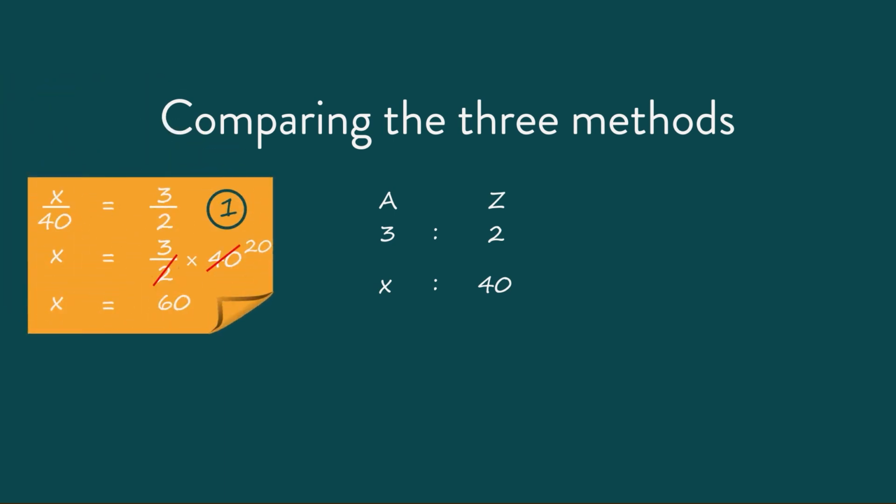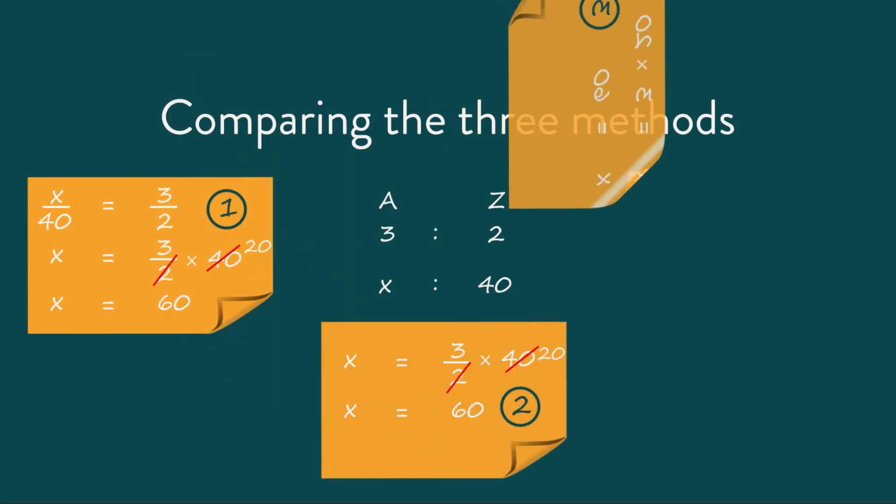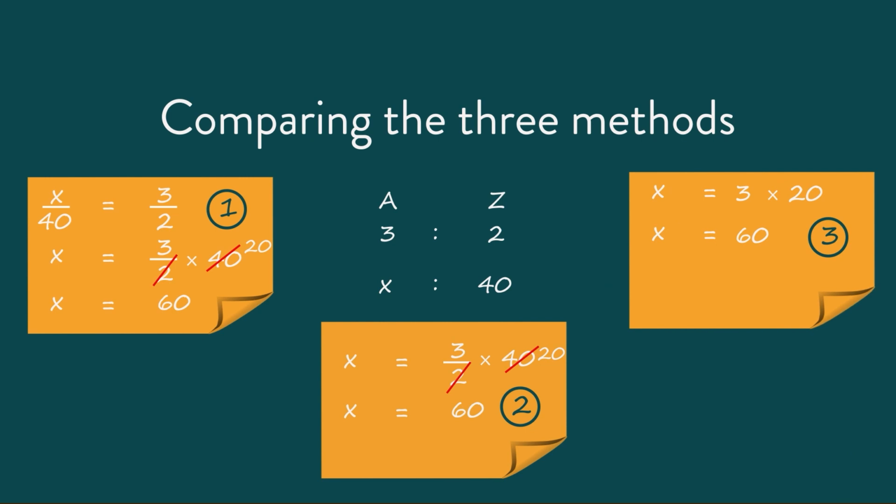Method 1 produces an equation where the unknown must be isolated before it can be calculated. Methods 2 and 3 both produce an equation where the unknown does not have to be isolated first. Method 3 involves only one operation: multiply 3 by 20. So this method is the most efficient of the three.